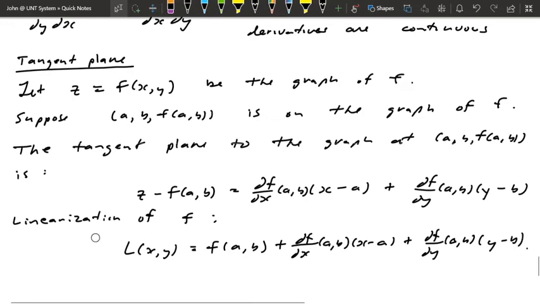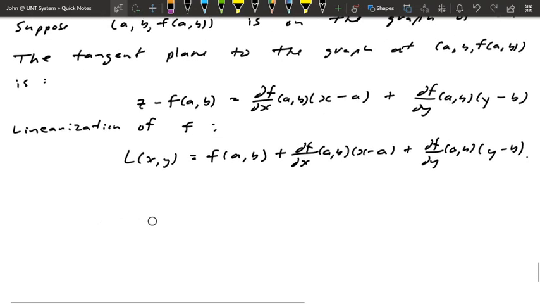Because the surface, which is the graph of f, has z-coordinates of points on the surface corresponding to the values of the function f, we can think of the tangent plane as being the graph of some function. And since the tangent plane approximates the graph of f, the function whose graph is that plane approximates the function f.